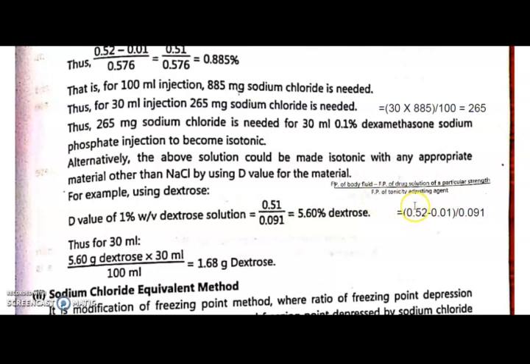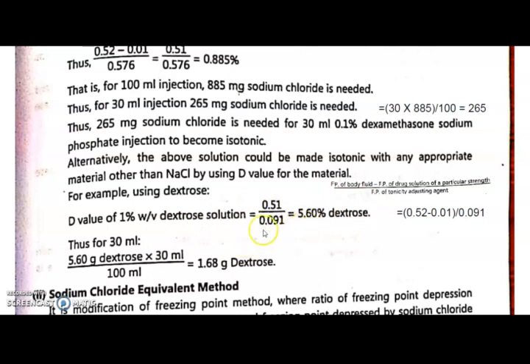Now placing the values into the above equation, 0.52 minus 0.01 divided by 0.091 is equal to 0.560 percentage of dextrose. Here the values are placed directly. So for 100 ml solution, 5.60 gram dextrose is required.